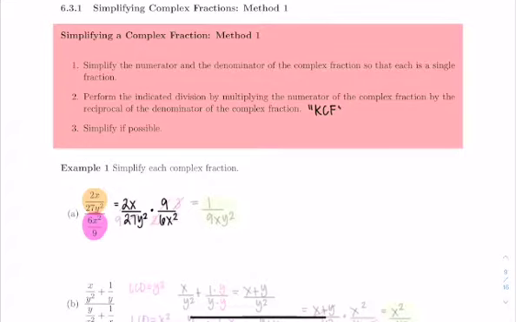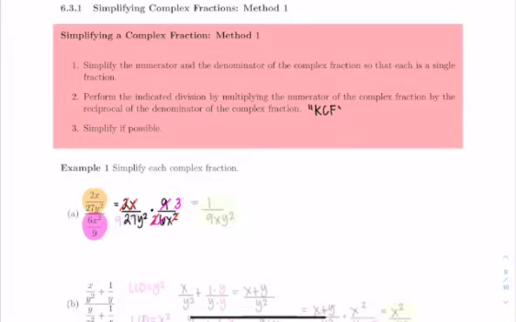So we can't simplify anything on the top and bottom of the first fraction, but we can on the second one. We can take a 3 out of 9 and 6, and we are left with a 3 on top and a 2 on the bottom. We can cross multiply. I have an x on top and I have 2 x's on the bottom, so that means I just have 1 left over. And I have a 2 on top and a 2 on the bottom.